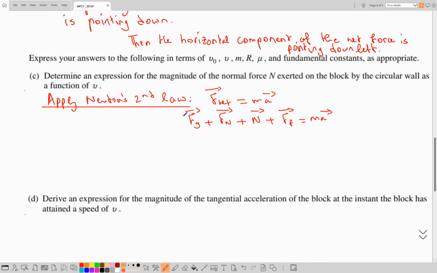And remember, this is a vector equation. It gives birth to several linear equations. We're going to project along the centripetal direction.